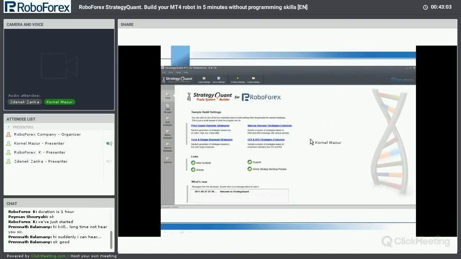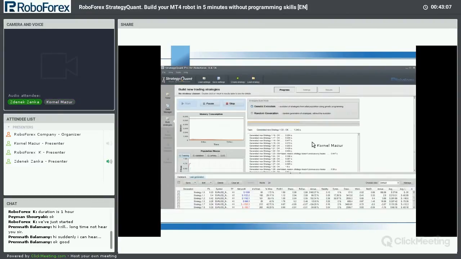So here is the basic screen. It will tell you hello, and then you can do the settings and start to generate. And you can see here it's generating new strategies 1, 2, 3, 4, 5, and 100, 200. This is how this program works. It simply generates strategies really fast and effectively.